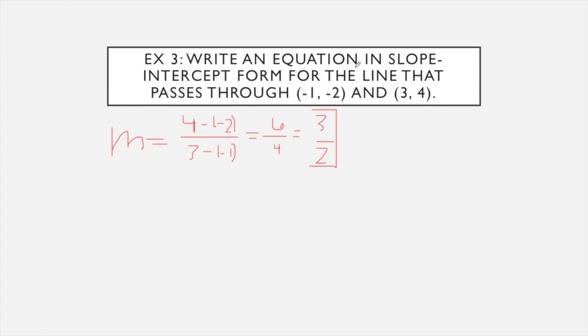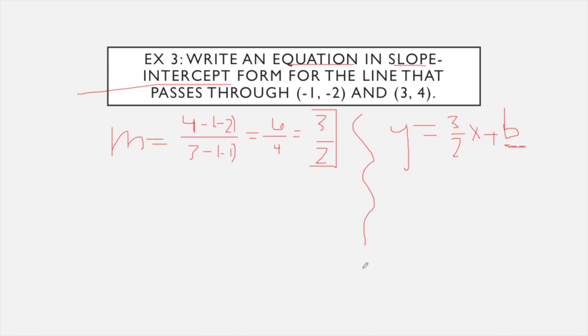But we need to write that equation in slope-intercept, which we know means y equals mx plus b. So we found m, but now we need to find b. So in order to do that, we have to plug in a couple things. So I know m is 3/2. I'll put that where that goes. So now we're looking at this. To find b, we need to plug in the two unknowns, x and y, and then find it.